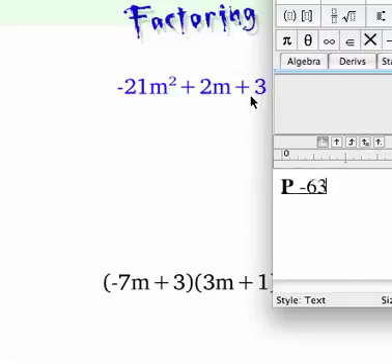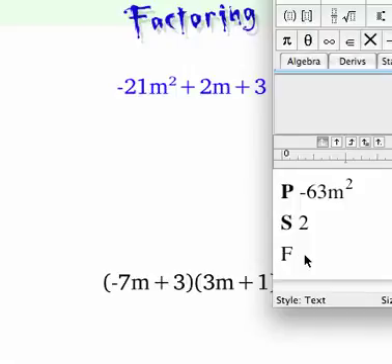So we're looking for two numbers that multiply to -63m to the power of 2, and the S is always the middle term, whose sum is 2. And so what are those factors? So that's the PSF. All right, the factors of 63, that's pretty easy. That's going to be 9 and 7.